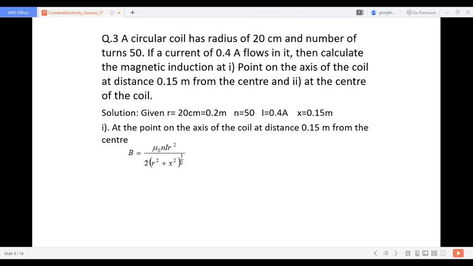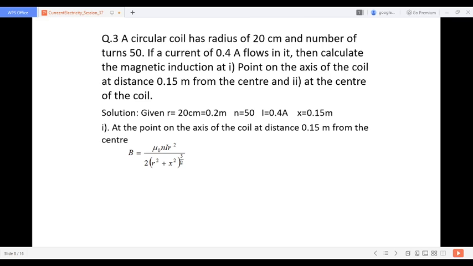So two questions are included here in a single question. You have to find the magnetic induction at the point on the axis of the coil at a distance 0.15 meter from the center, and also the magnetic induction at the center of the coil.